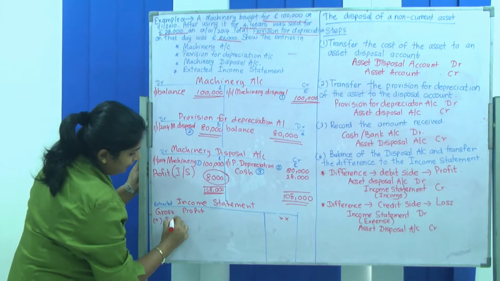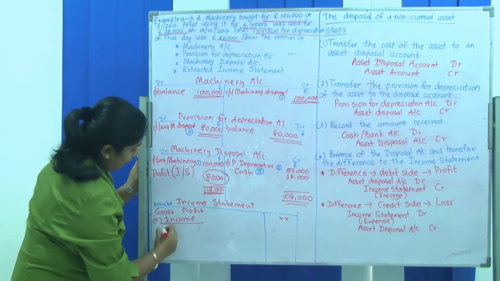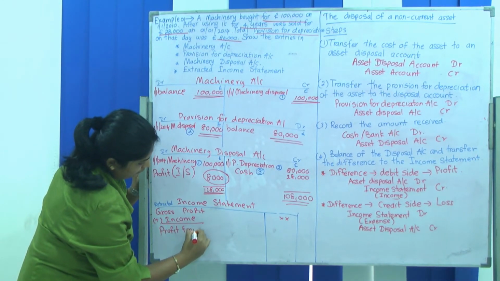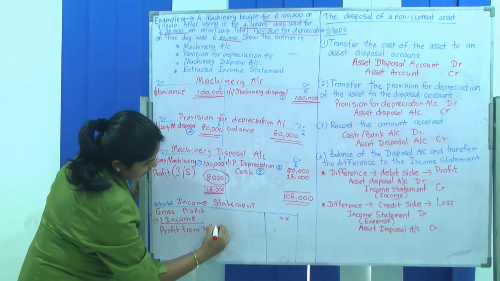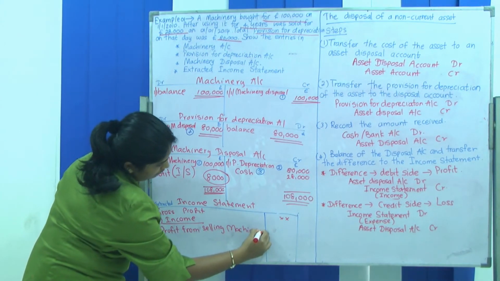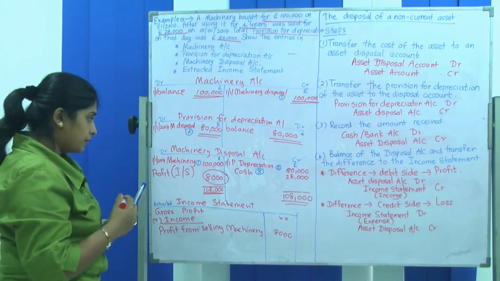Income is always added to the profit. So under income you will be writing profit from selling machinery. So this 8,000 will be added to the gross profit.